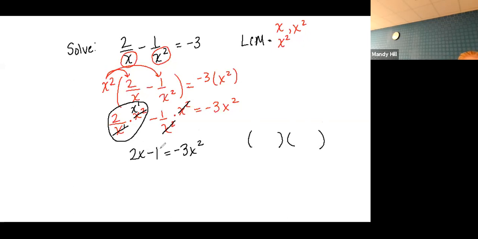The first thing you need to do is have this equal to 0. So I'm going to add 3x squared to both sides so that this side just turns into 0. And usually we list this in the order x squared, x to the first, and then our regular number at the end. And when we solve that, we would come up with something like this.